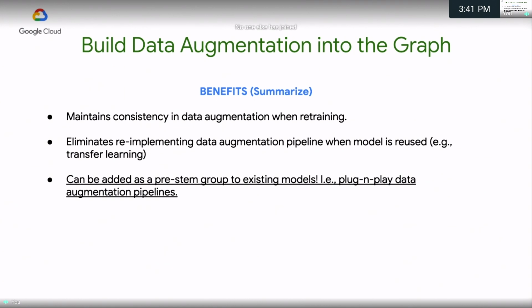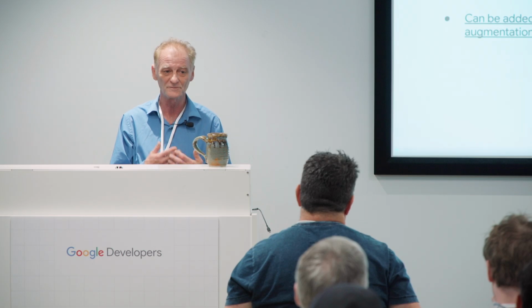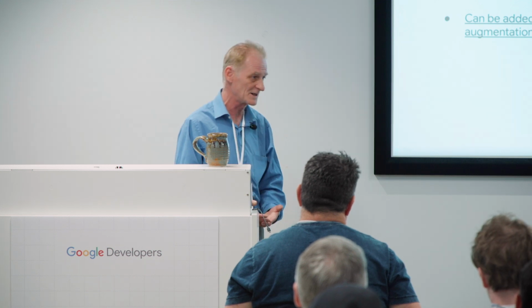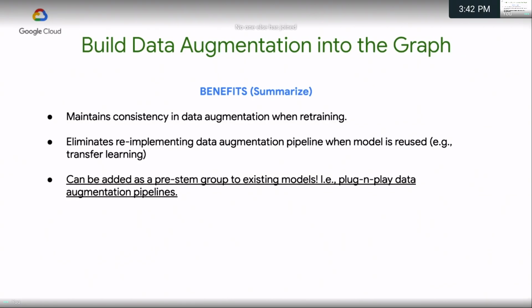One of the benefits of getting it in the graph is that I have consistency in the data augmentation when I'm retraining. I know for certain when I retrain that model, it's going to be retrained with the exact same data augmentation I had before. If I'm going to reuse some pipeline, it eliminates my need to re-implement the data augmentation on that new pipeline, because in effect, the data augmentation is now built in the graph.